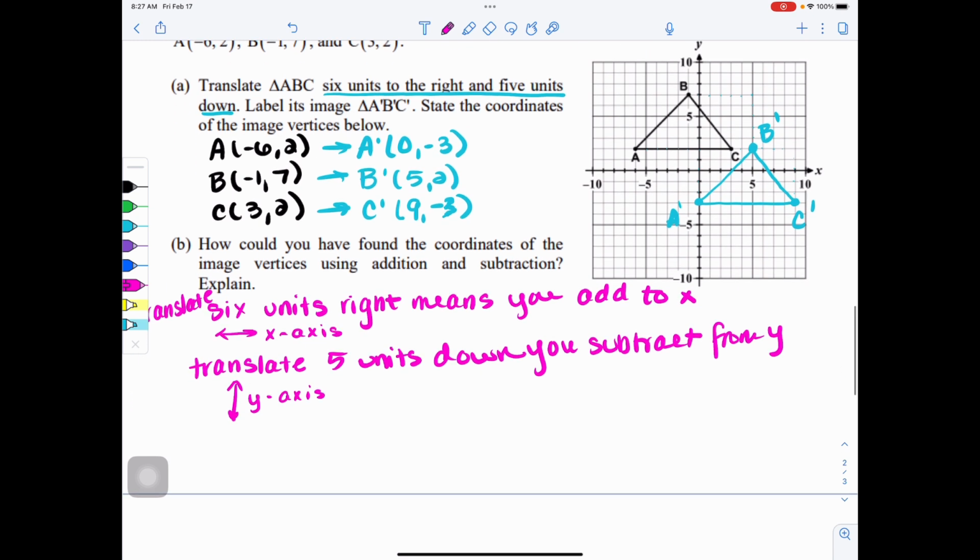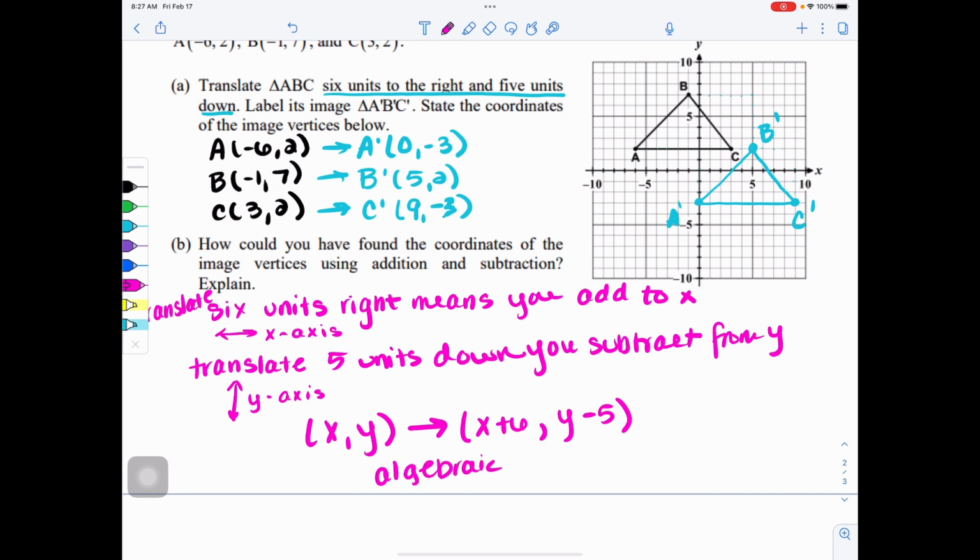So in our case, we want the original (x, y) to change to (x + 6, y - 5) because we went to the right 6 and down 5. So this would be an example of your algebraic rule. You could use that rule to get your coordinates first and then go plot your points.